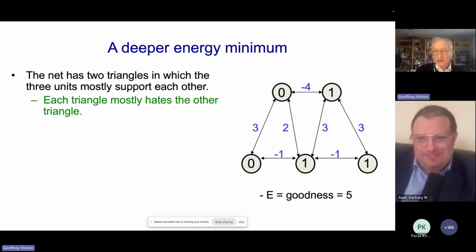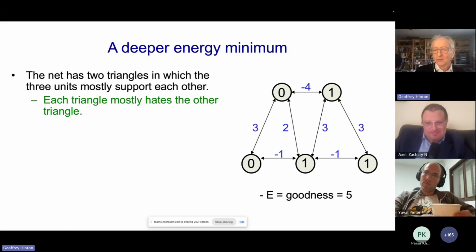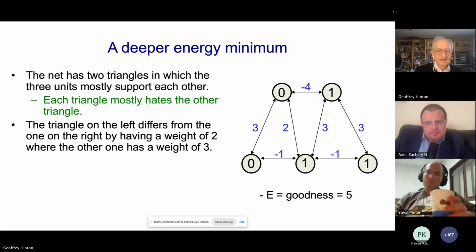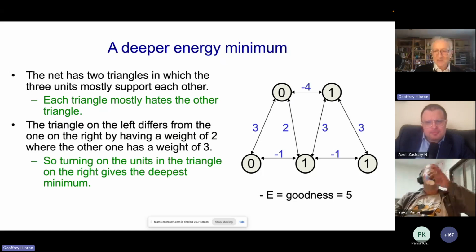And so the 2 minima of this network are with the right-hand triangle on, which has a goodness of 5, that's the deepest minimum, and with the left-hand triangle on, which has a goodness of 4, not quite so good. Okay, I just said all that. So that's the global minimum.